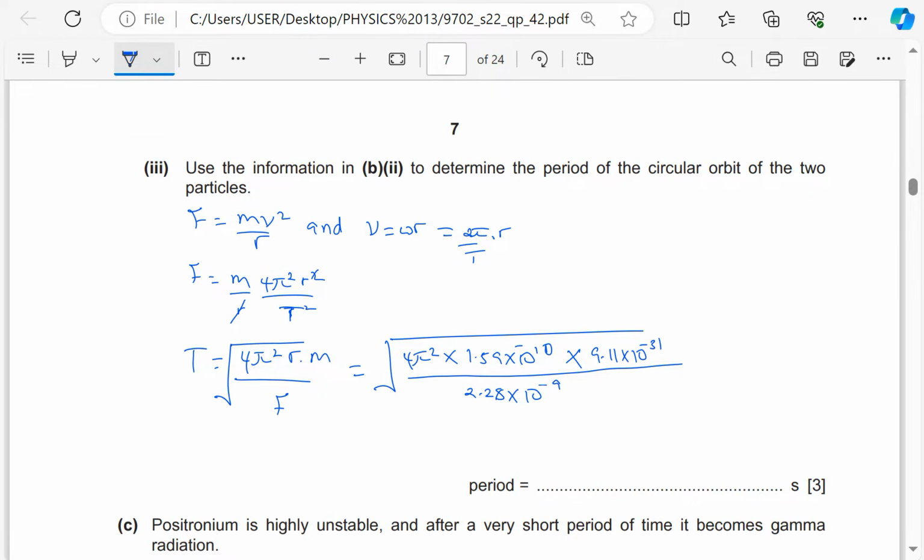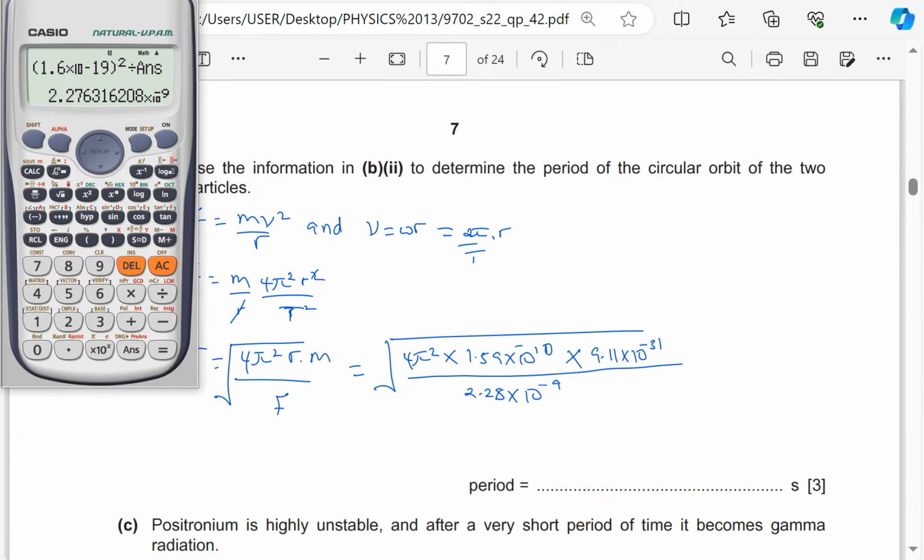So I have to check my calculator. So I'll say 4 pi squared times 1.59 times 10 to the power of minus 10, then times 9.11 times 10 to the power of minus 31, divided by 2.28 times 10 to the power of minus 9.